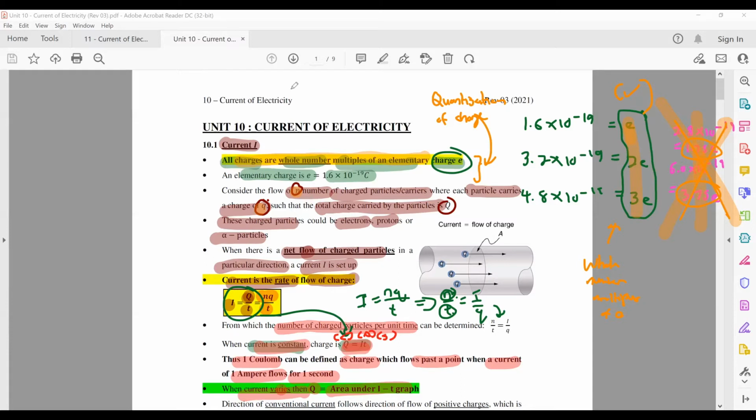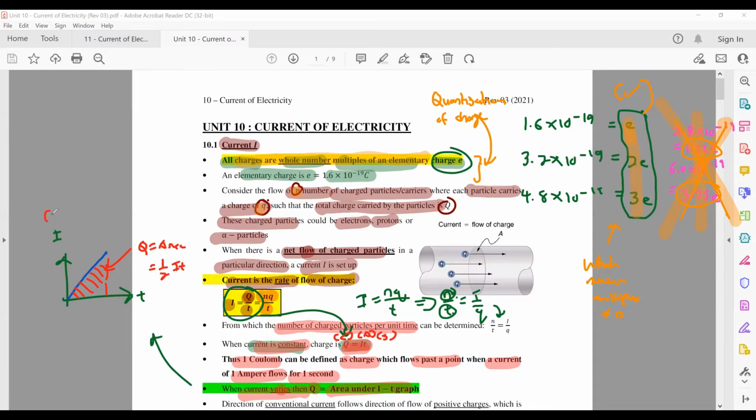What we mean by that is this: if you have a graph of I versus t that looks like this, you see that the current is varying, it's not constant. In cases like this, your charge is the area, which is half It.